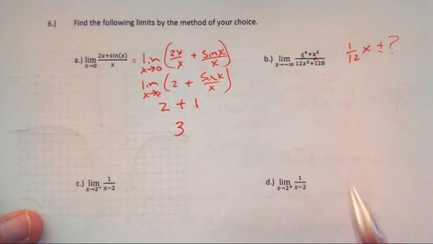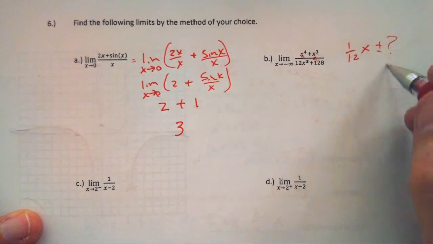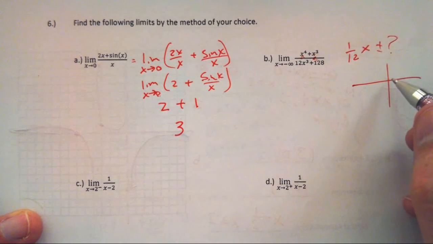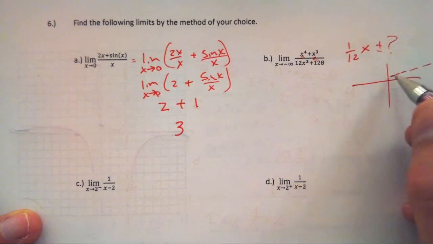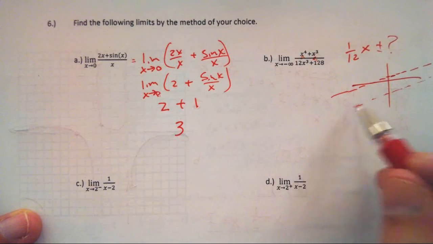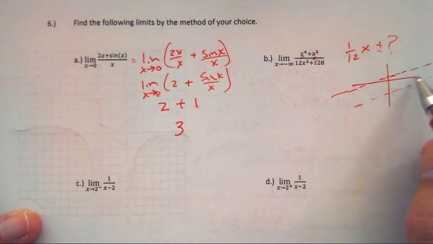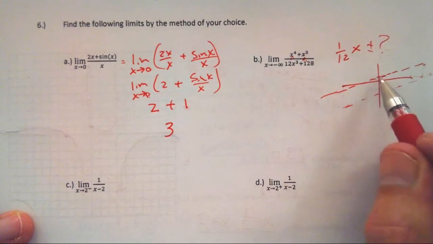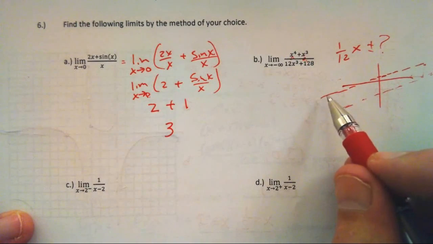Well, either way, if it's 1/12 x, this graph ultimately is going to have a positive slope of 1/12. This is if it's up a little bit. But no matter where it is with a slope of 1/12, the further I go to the right, the higher I get. The further I go to the left, the lower I get.